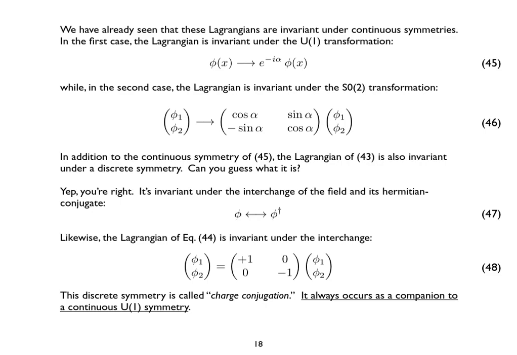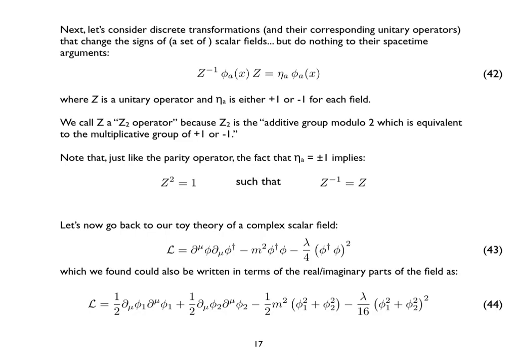But these theories are also invariant under another transformation. What is the transformation that leaves this invariant? It's an exchange symmetry: I can exchange phi and phi dagger and I get the original Lagrangian back.